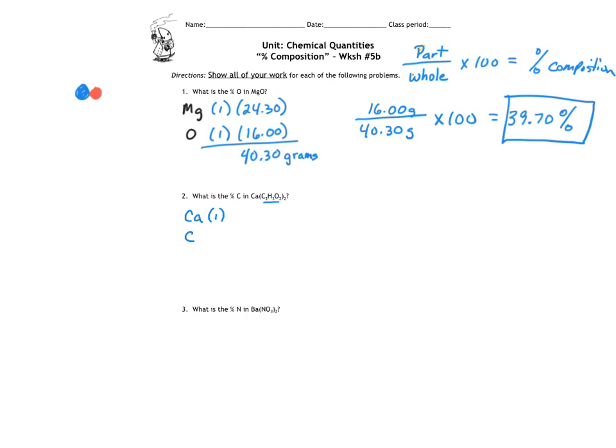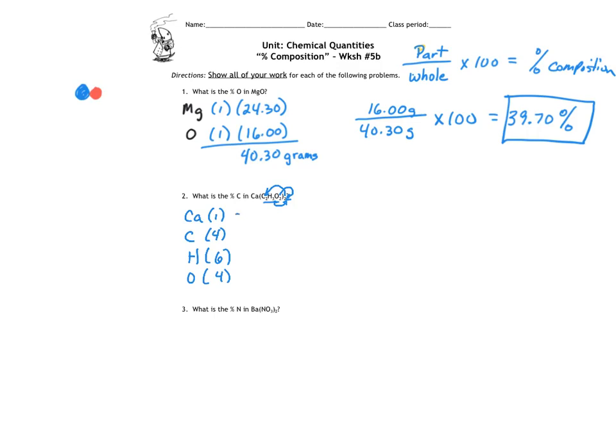For carbon, we've got 2 times 2, so we've got 4 atoms of carbon. For hydrogen, we have 3 times 2, so we have 6. Then for oxygen, we have 2 times 2, which gives us 4.